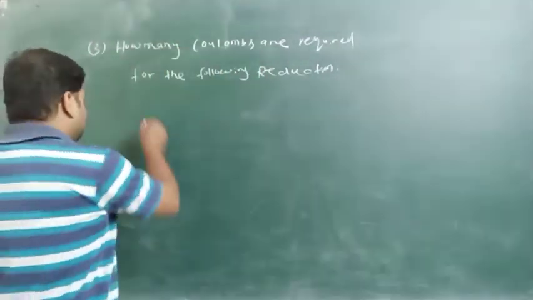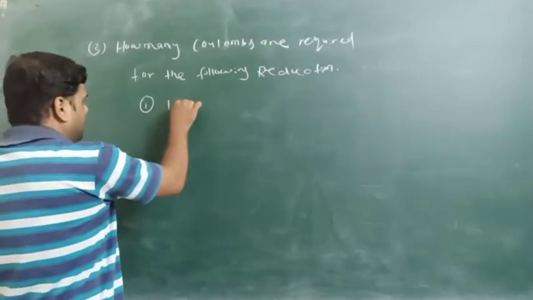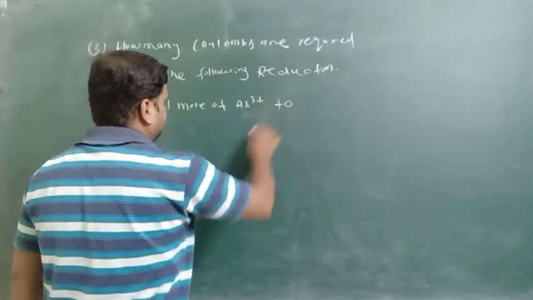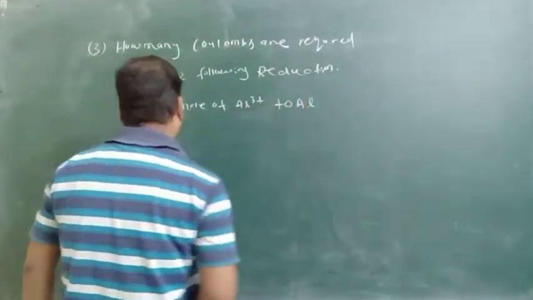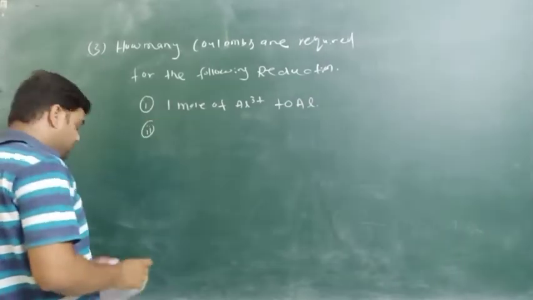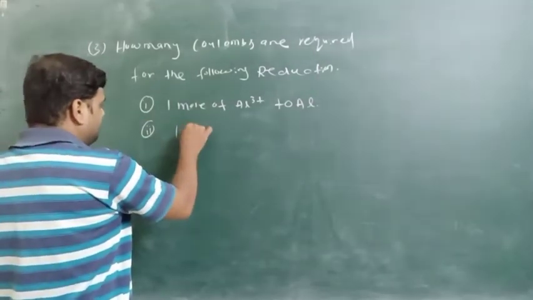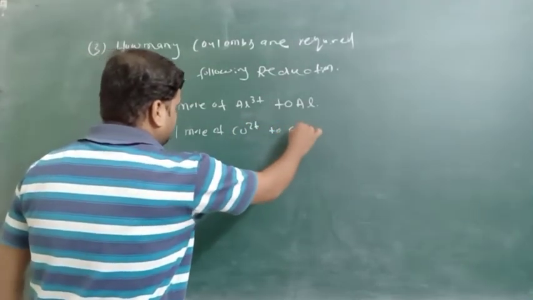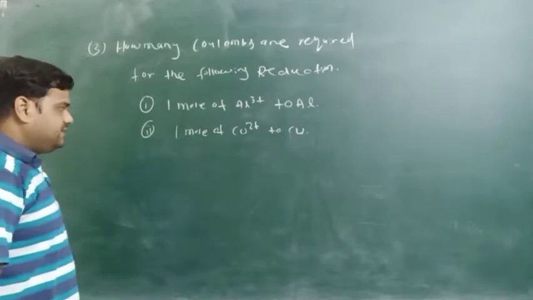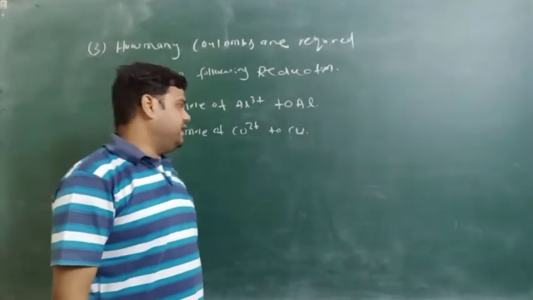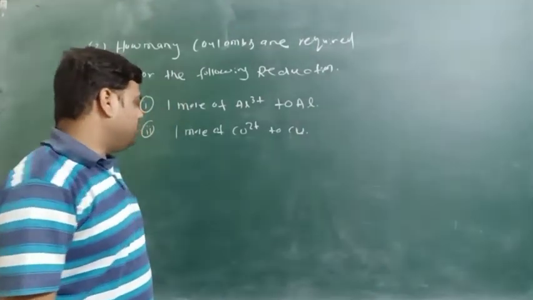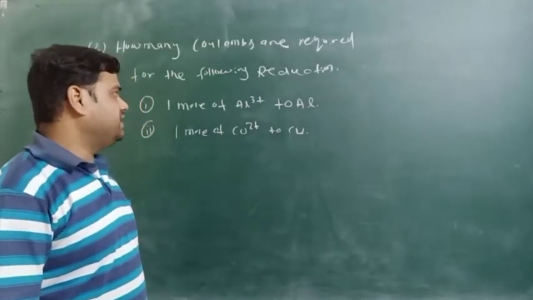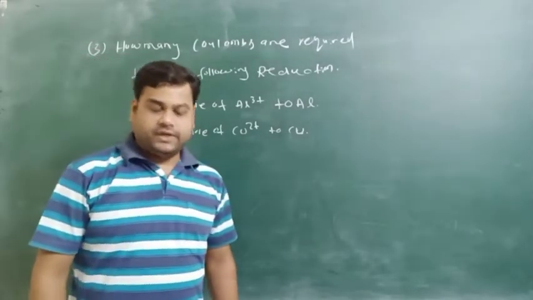So the question: for 1 mole of Al3+ to Al, and the second question, 1 mole of Cu2+ to Cu. When 1 mole of Al3+ is reduced to form Al, how many coulombs of electricity are required?